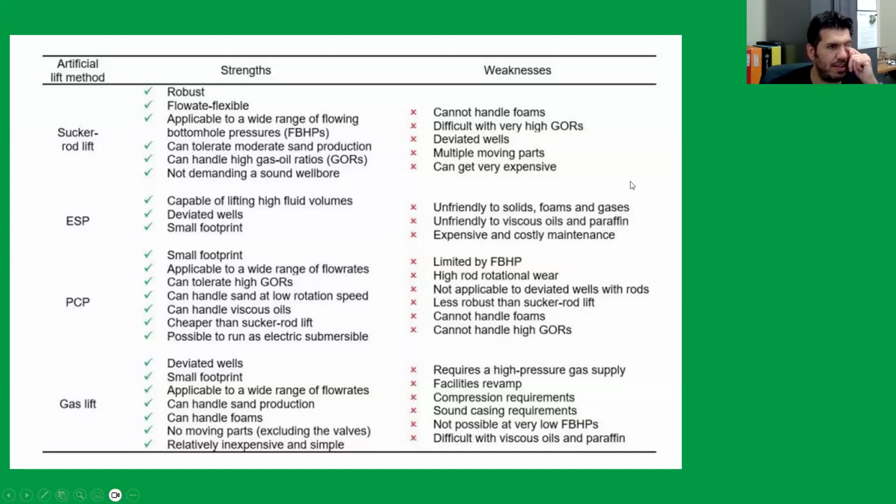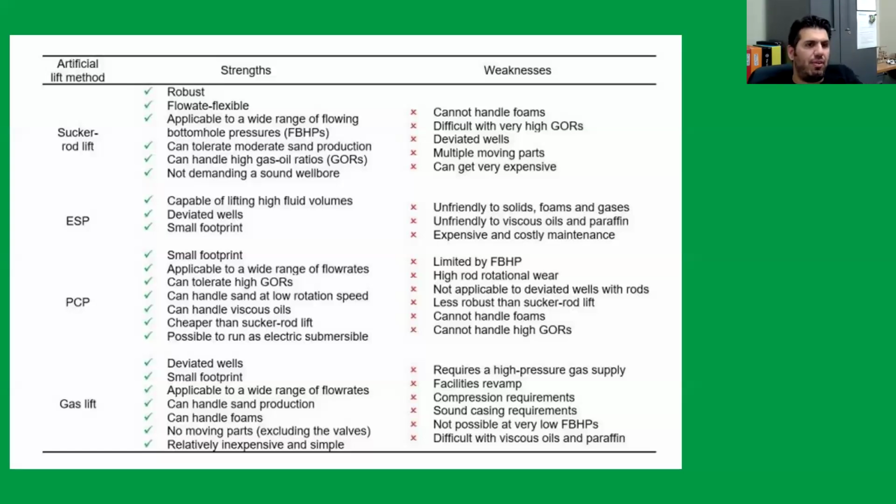PCP has a small footprint, applicable to a wide range of flow rates, can tolerate high GORs, can handle sand at low rotation speed, can handle viscous oils, cheaper than sucker rod lift, actually. You don't need the big pump jack. Possible to run as an electric submersible, and then you basically have ESP without ESP, but a PCP downhole.